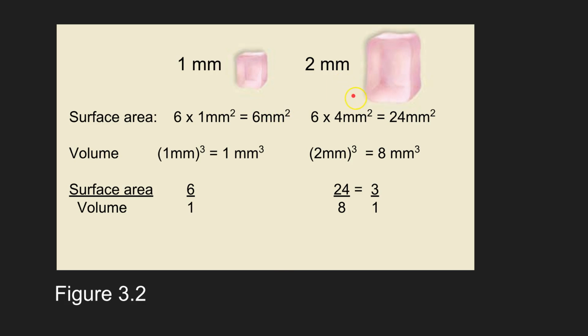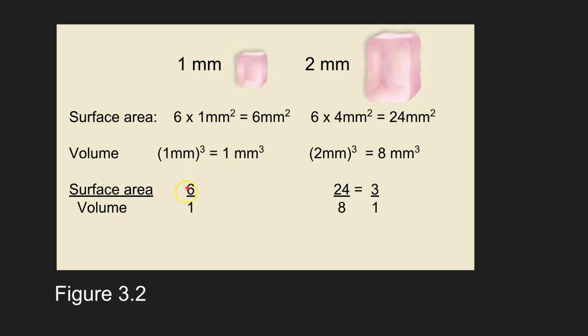This 2 millimeter object has a surface area of 24 millimeters squared. If you were to calculate the volume, you would see that the volume of this thing is 1 millimeter cubed, and the volume of this thing is 8 millimeters cubed, or actually exactly.